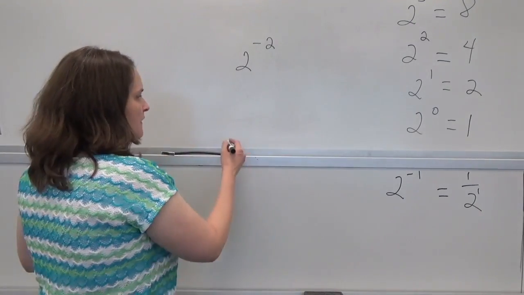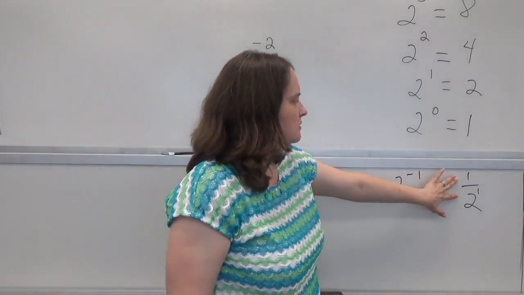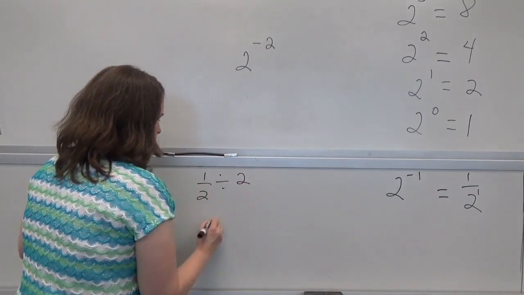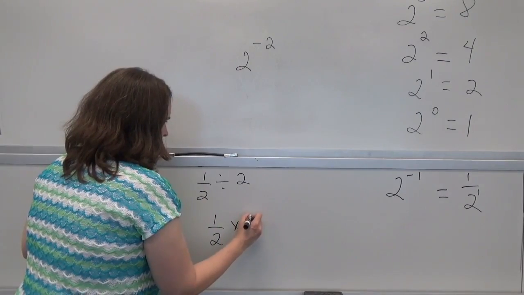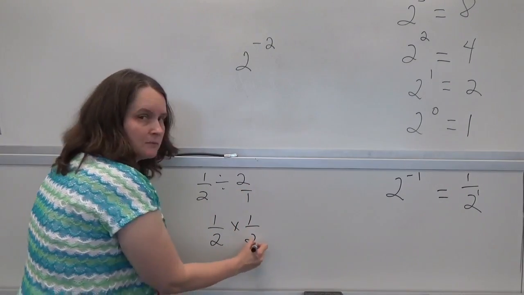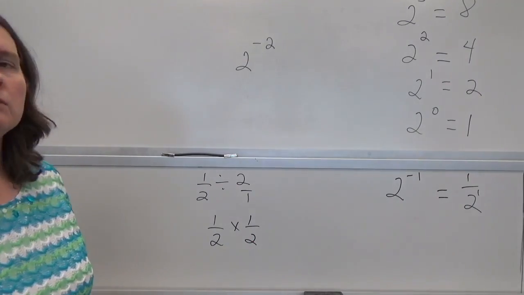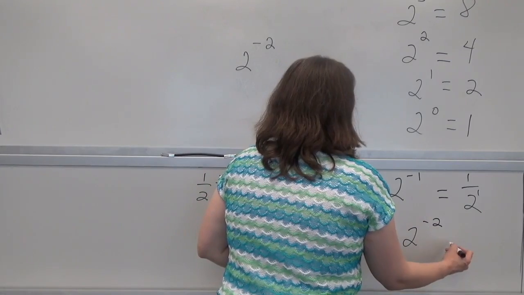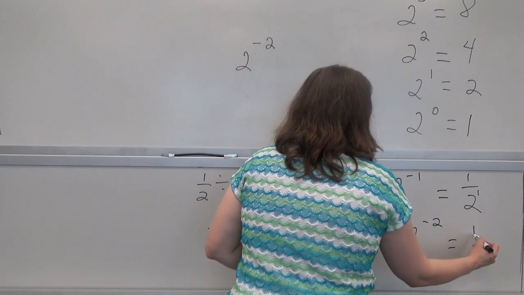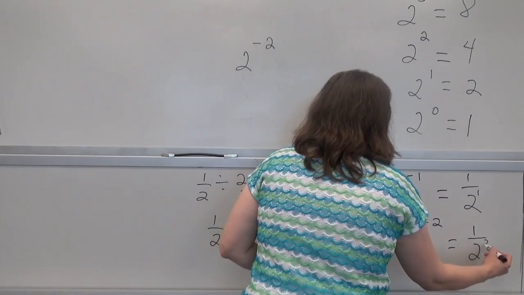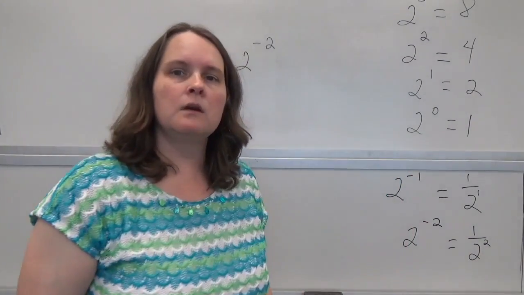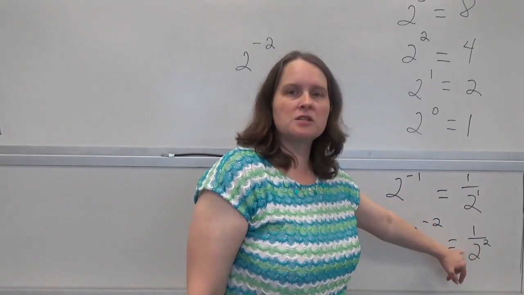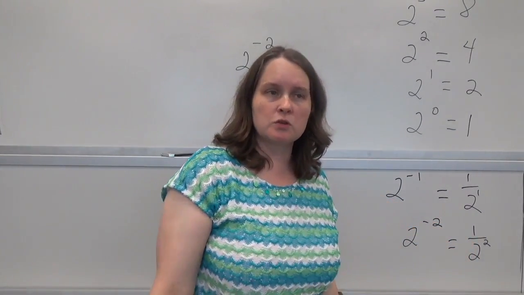So 1/2 divided by 2 means 1/2 times 1/2. So it's going to become 1/4. So you can say 2 to the negative second equals 1/4, which is also 1 over 2 to the positive second power. Now, I wouldn't expect you to write it that way necessarily, but you should understand that 1/4 is the same thing as 1 over 2 squared.